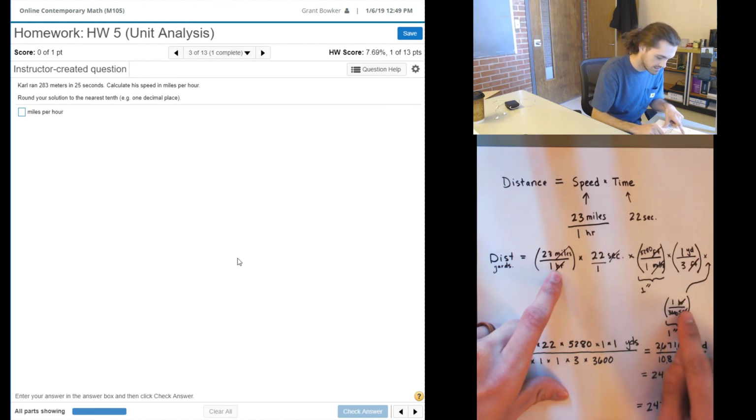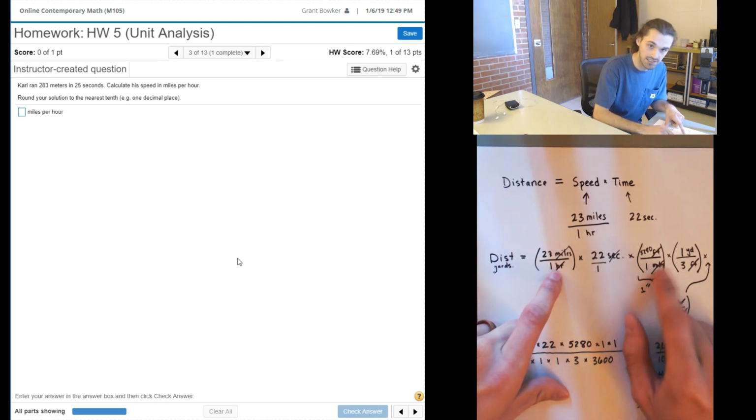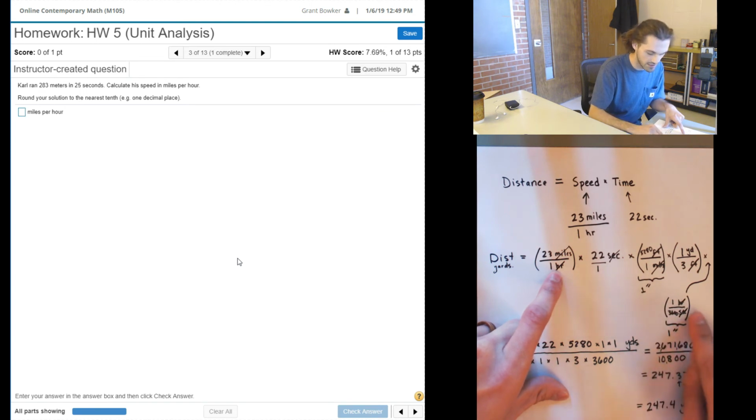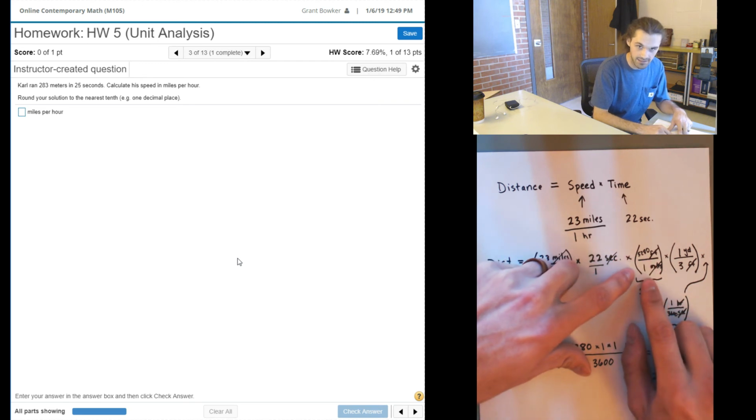So notice I did not introduce hours upstairs within this fraction because miles was downstairs. I can't relate miles and hours together to get them to equal 1. However, I can relate miles and feet together to equal 1. In a similar fashion, I can relate hours and seconds to get that fraction equal to 1. And when I say that fraction's equal to 1, really what I'm saying is that numerator is the same as the denominator.